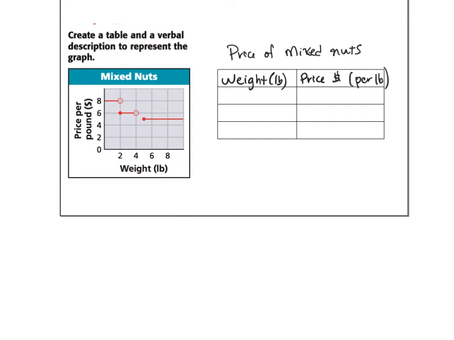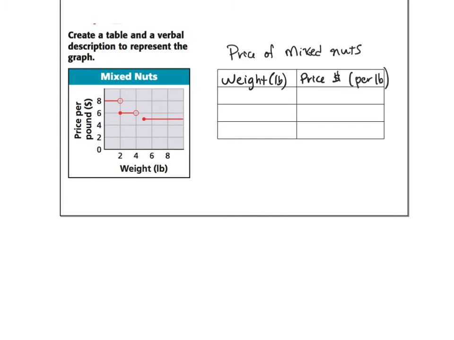Now I'm just going to go ahead and write in the variables on both sides. So if you look at the first set of the piecewise function, there's a line here, and that line goes from 0 weight all the way to 2 pounds. And if you notice, that circle is not filled in, so it does not include 2 pounds. This is really, really important.